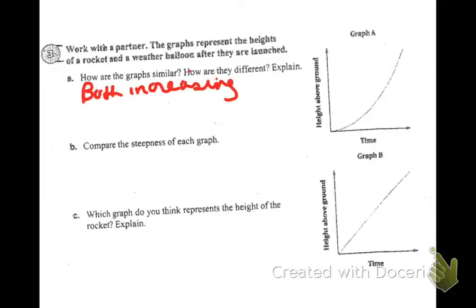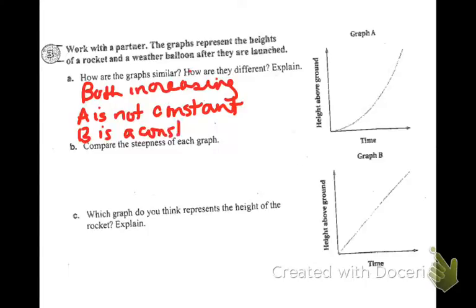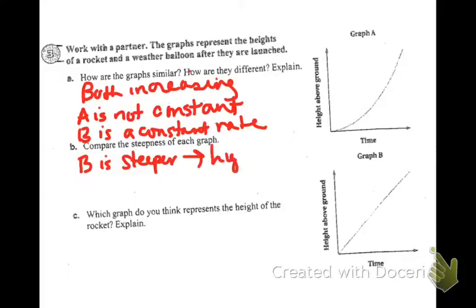Okay? A is not a constant rate of change because it's not a straight line. B is a constant rate. Compare the steepness. Well, B is steeper, which means it has a higher or greater slope at first.